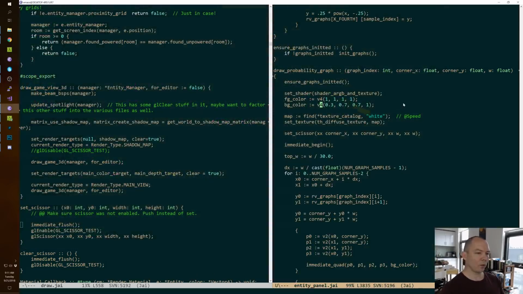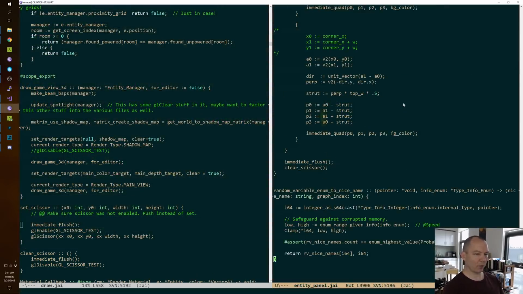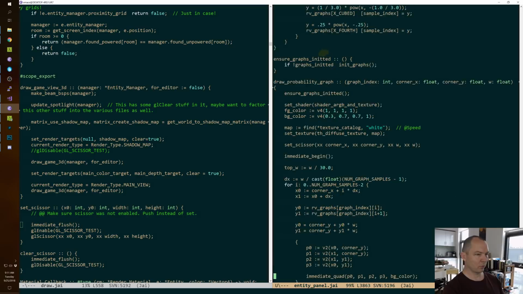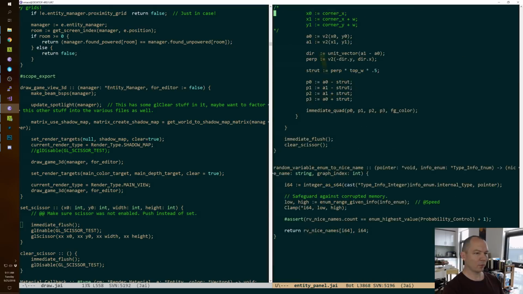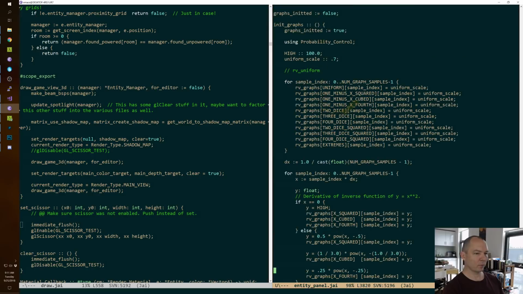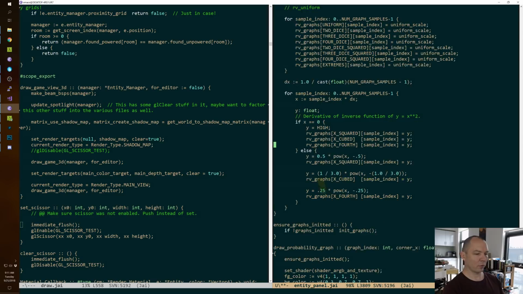Okay, so let's do some more of these graphs now. So 1 minus x squared, cubed and to the fourth.